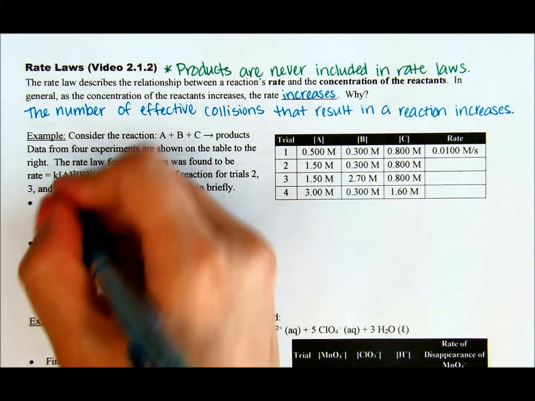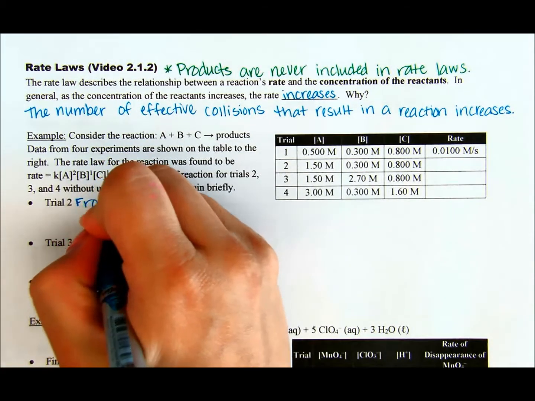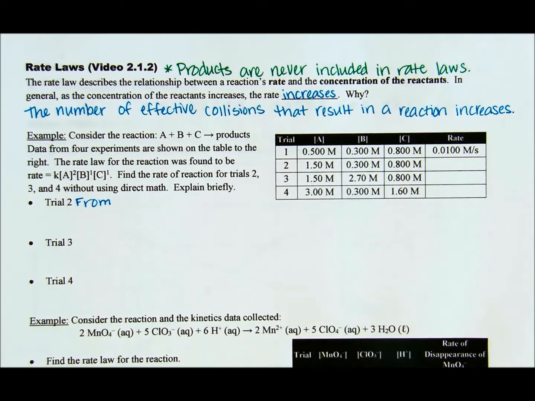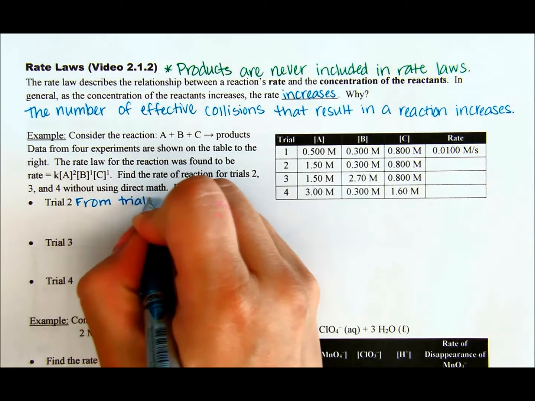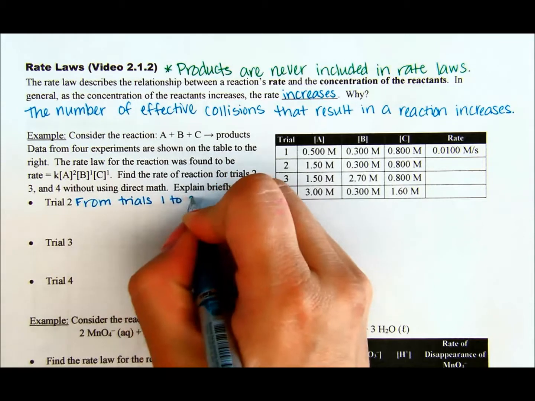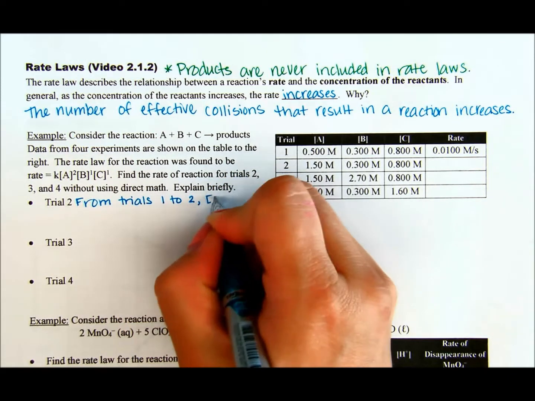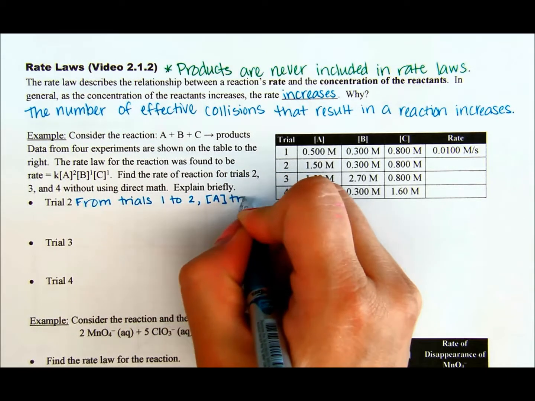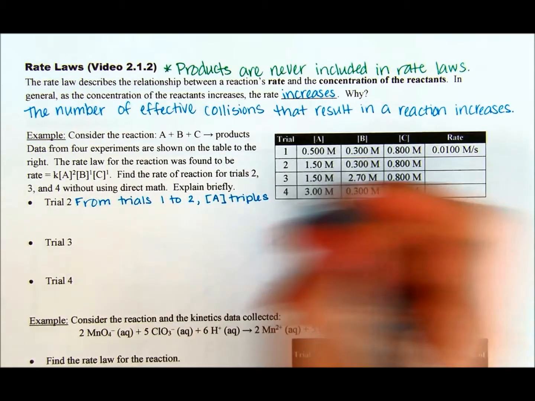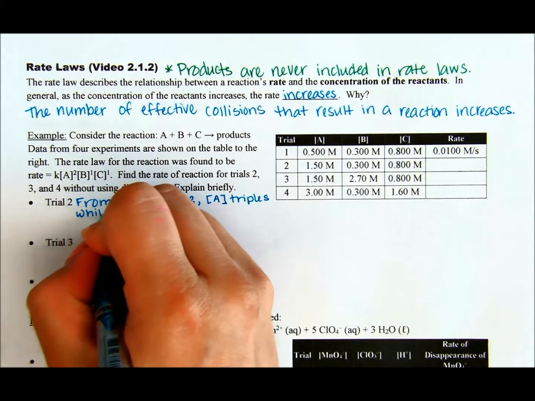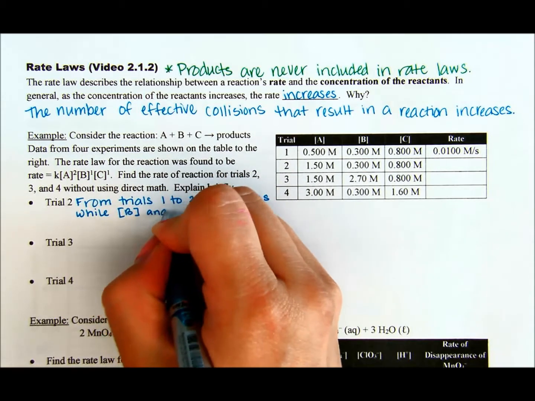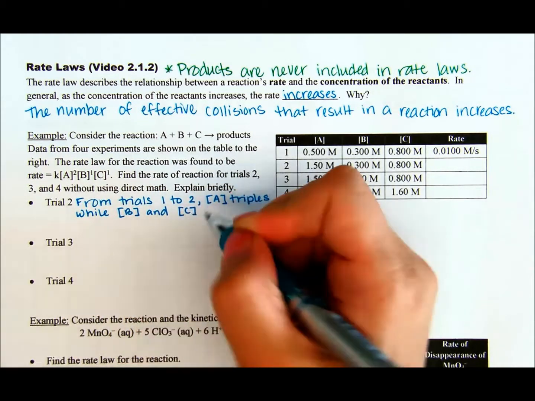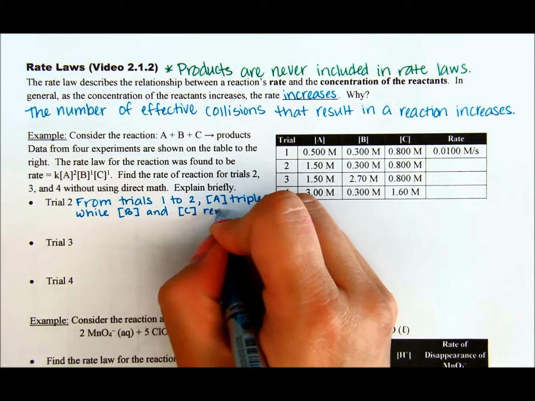Okay, so from trials 1 to 2, and write kind of small because there's a lot to write in this little area, the concentration of A triples, while the concentration of B and the concentration of C remain the same.